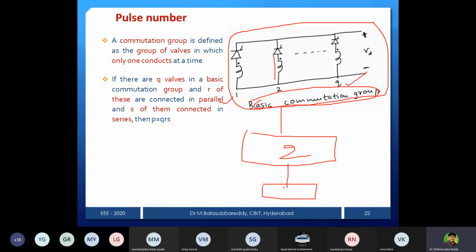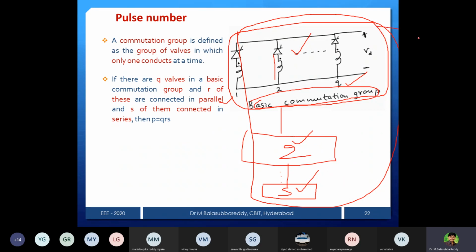Like this you can add up to some s number of commutation groups connected in series. To increase the voltage level we connect them in series. Then this total set I call one series connected system.